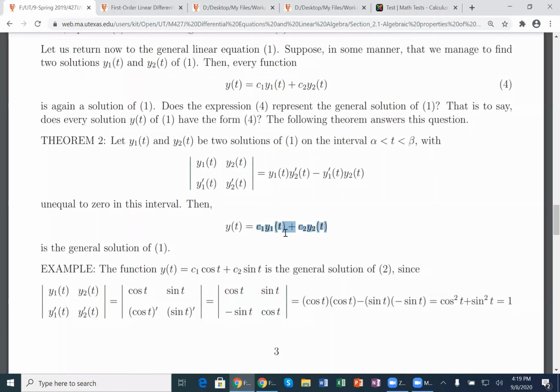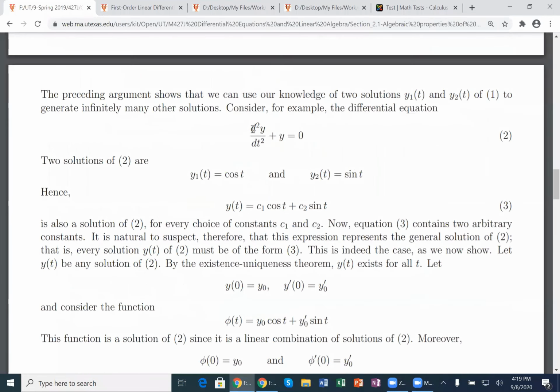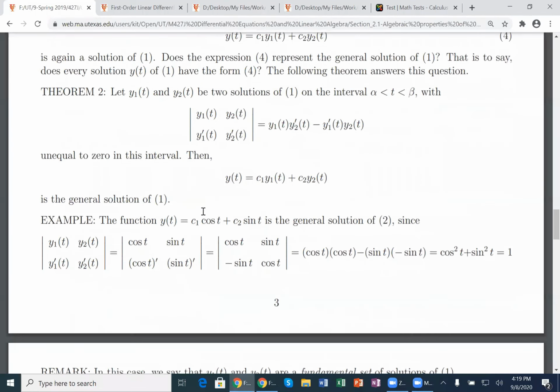Let us go back to our equation. y1 is cosine, y2 is sine. Therefore, this 2 by 2 determinant becomes cosine, sine, cosine prime, sine prime. Cosine prime is negative sine, sine prime is cosine.